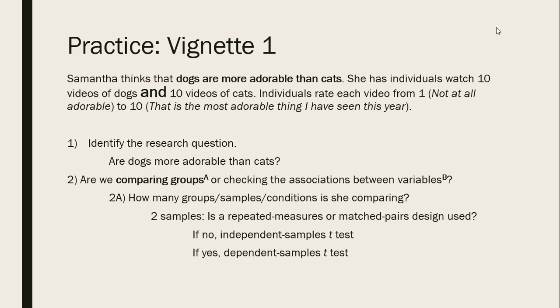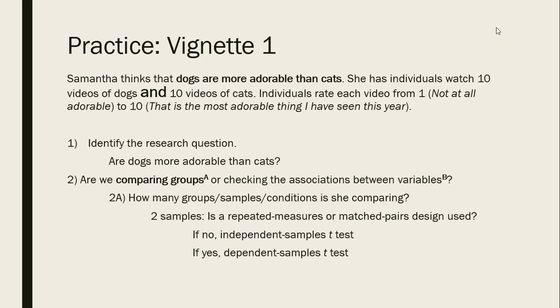And so because of that, their ratings of dogs and cats both will be low, right? And then there's maybe somebody else who absolutely loves pet snuggles no matter what pet they're coming from, so they're going to rate dogs and cats both relatively high. Well, this design, because we have individuals rating both the videos of dogs and the videos of cats, controls for that individual variability.